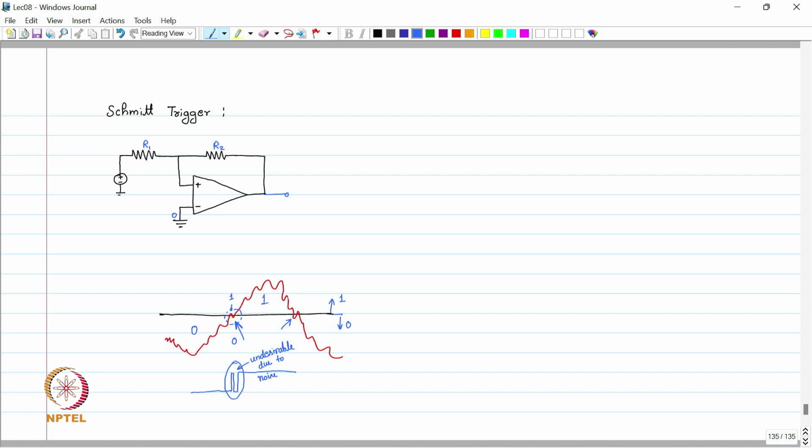This 1 is there, and then when the signal goes below this threshold black line, this becomes 0. Again because of the noise, this becomes 1 here, and again becomes 0 here. So same thing we have here, this goes 0, and then again for a short while it becomes 1 and continues to be 0.